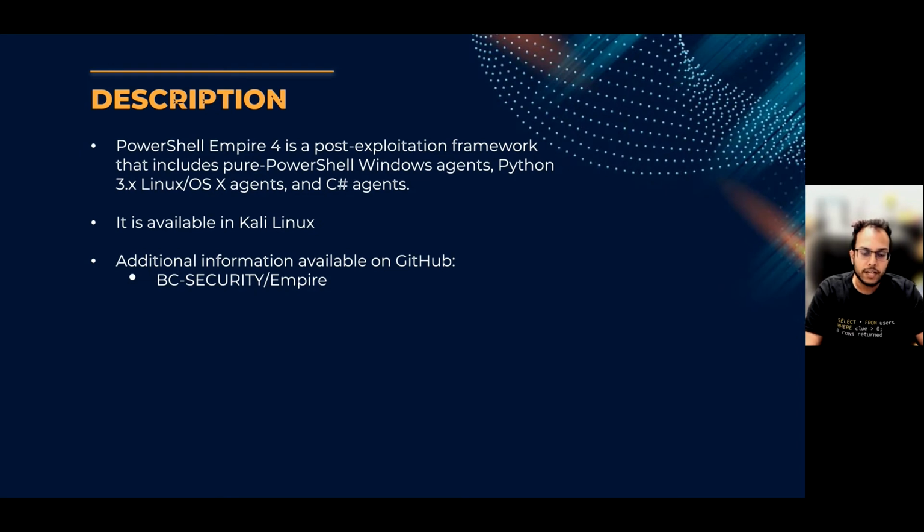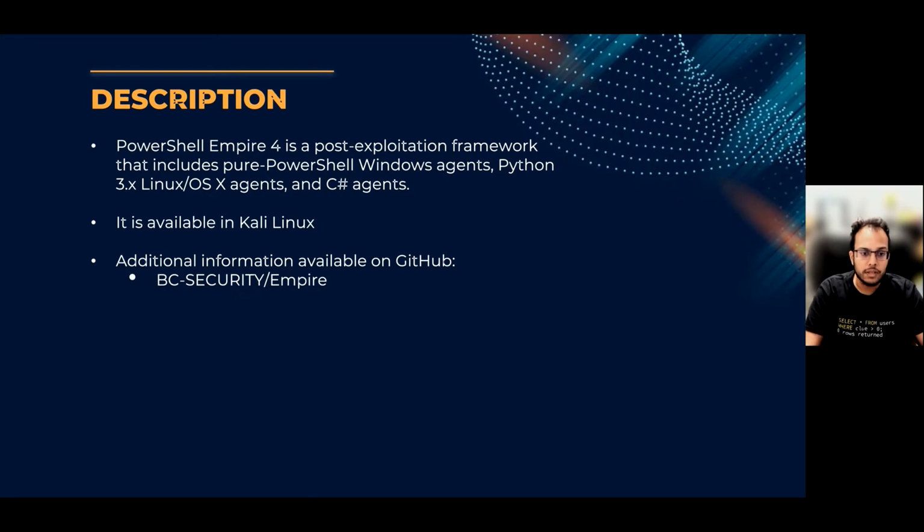But the actual installation of the agent on the machine is going to be taking place, whether it's through a phishing email or a USB drive or any other types of these attacks that we're familiar with.